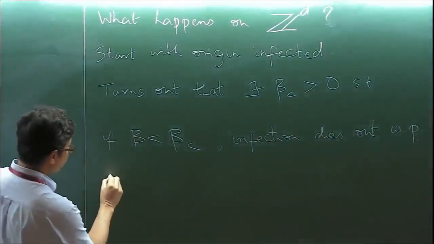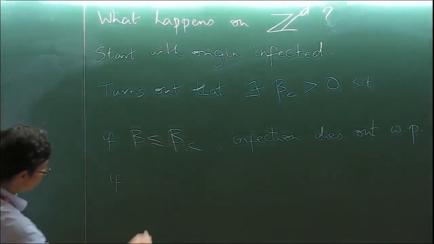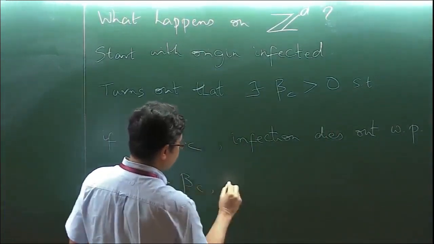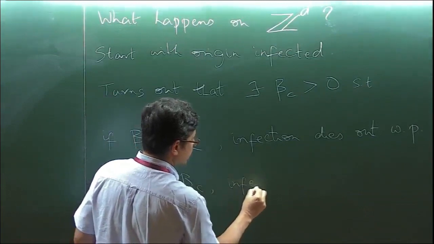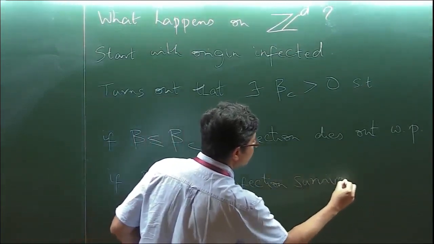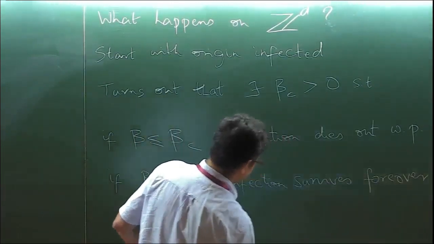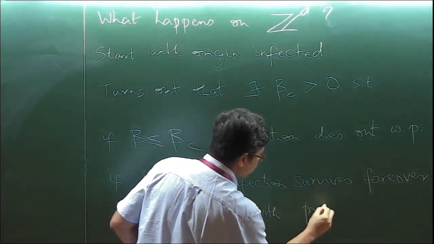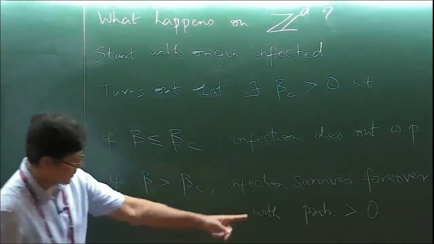And if beta, okay, in fact, even if it's less than or equal to this, and if beta is bigger than beta critical, then infection survives forever with some probability which is strictly positive.